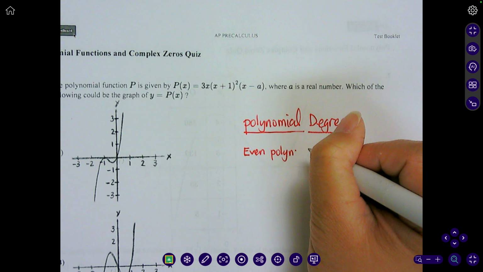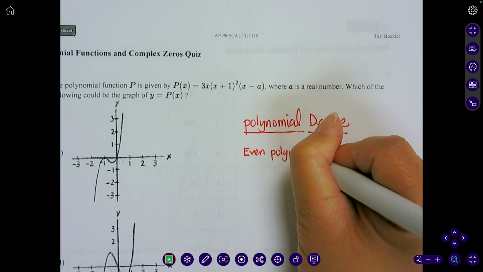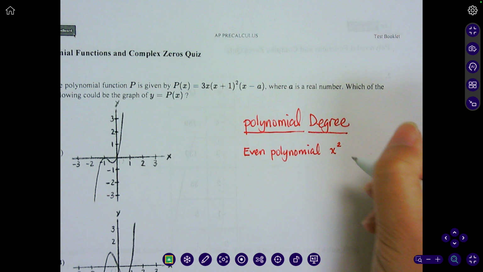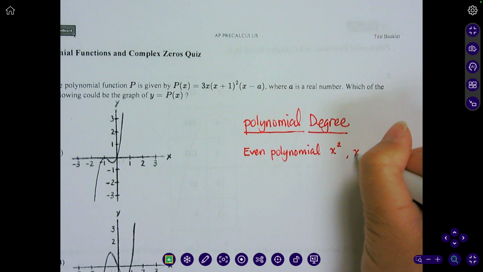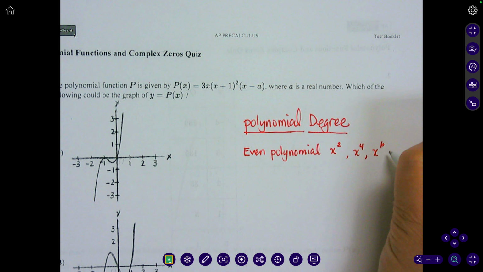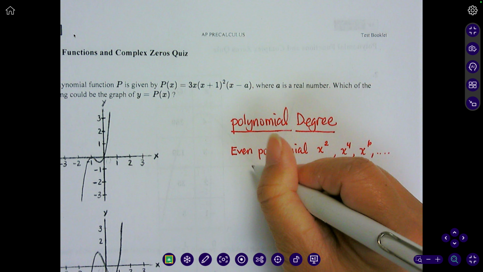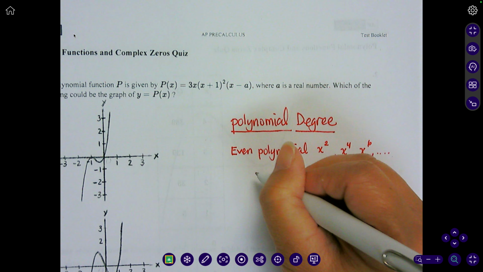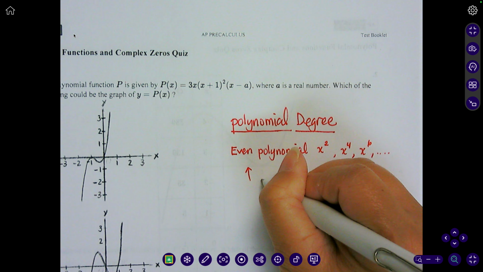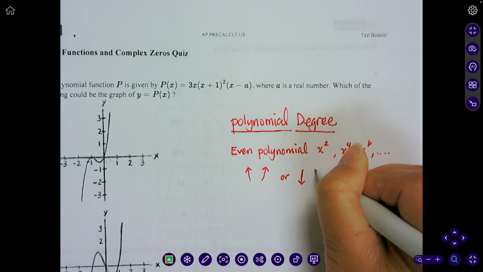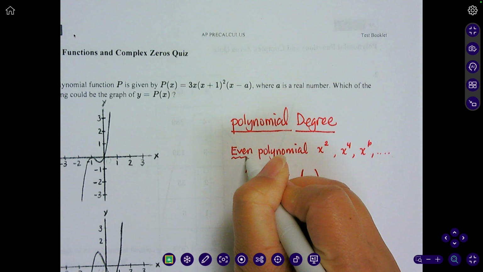Even function is when you have symmetry. Even polynomial is when you have like x squared, that's the highest exponent that you have, or x to the fourth, or x to the sixth, etc. Then your function, either both ends go up or both ends go down. That's an even polynomial.